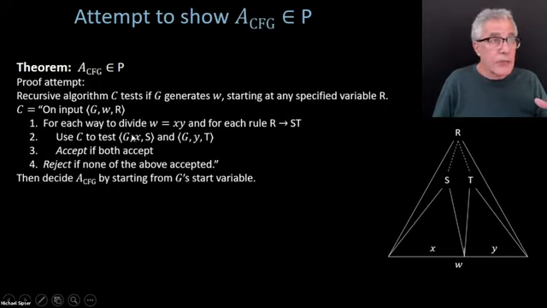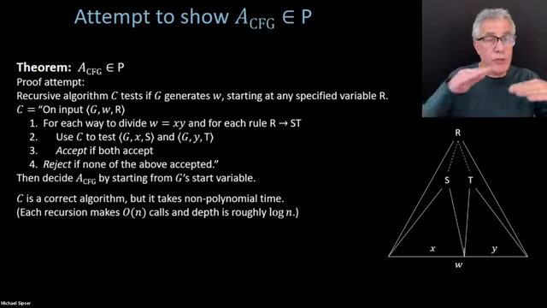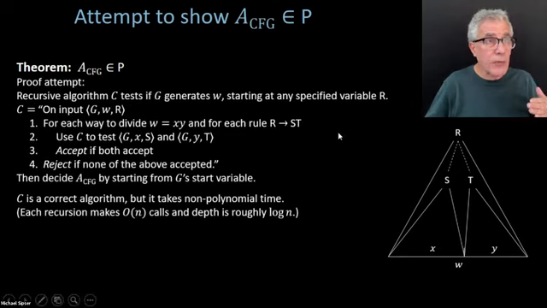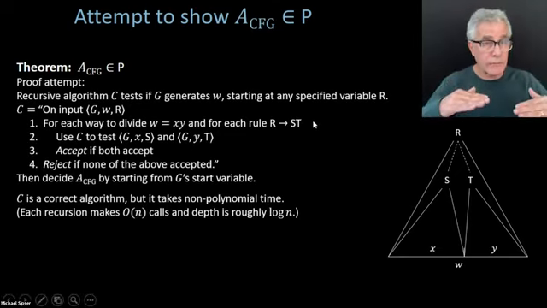So this algorithm works and it can be used to solve ACFG, but the question is, is it polynomial? And it's not. Because every time you're doing the recursion, you're essentially adding another factor of n. As we pointed out, this is a factor of n, but that's happening every time you're doing a recursive level.